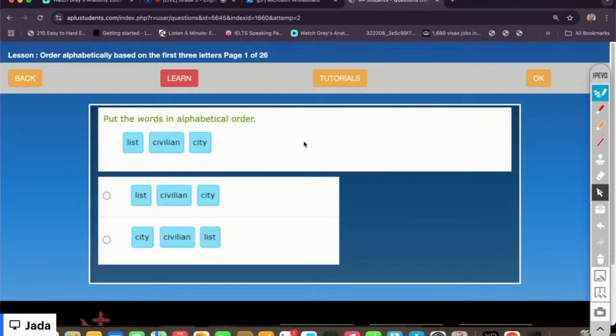Let's interact, okay? Share your answer and tell me which one comes first. All right, so we have city, civilian, and then least. All right, good job.